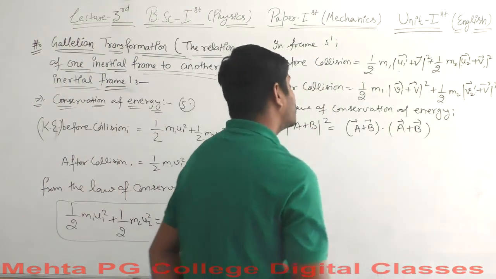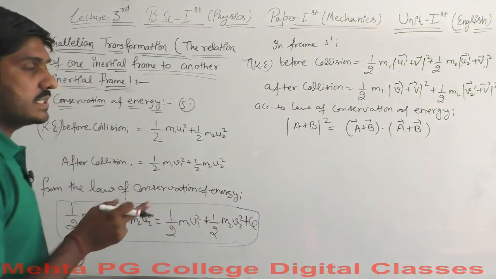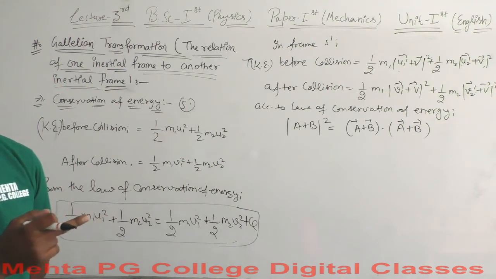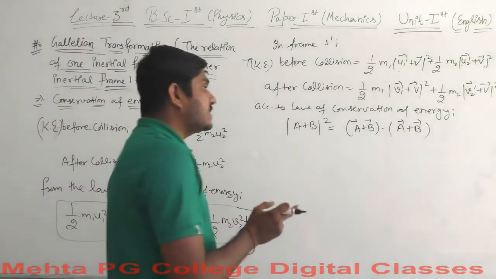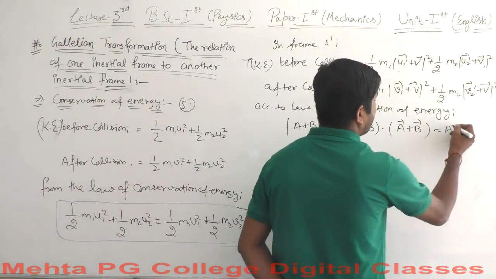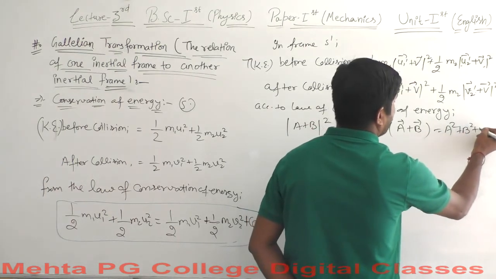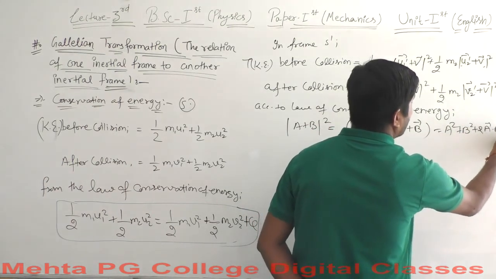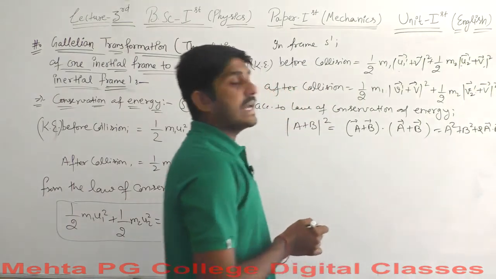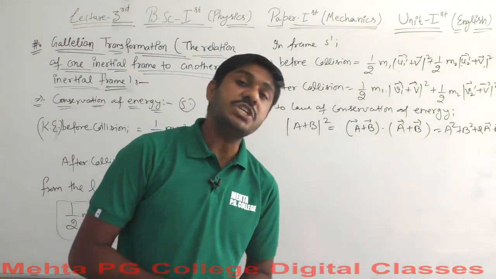A vector plus b vector. This value should be equal to a square plus b square plus 2ab, plus 2 a vector dot b vector. This is the extension of this vector quantity.